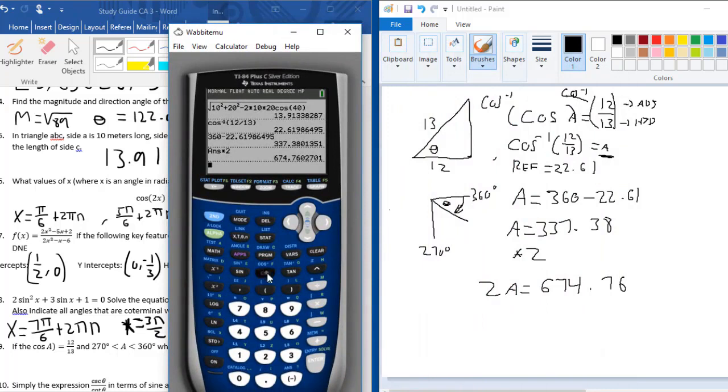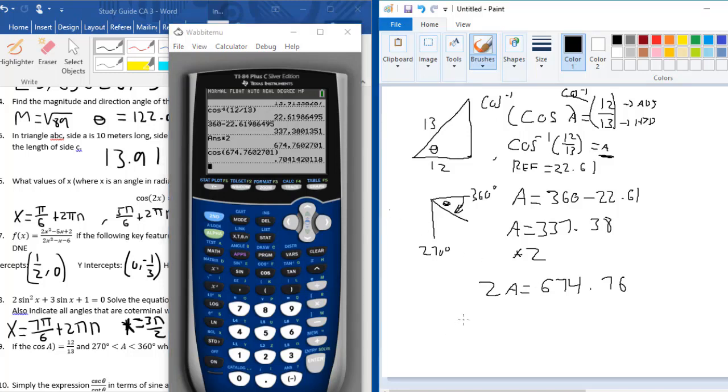So I find the cosine of 2A, which is 674.76, so just find the cosine of that. And the answer is 0.704. If your multiple choice is in radicalized form, just convert all your multiple choice answers, and whichever one would be equivalent to 0.704 would be the correct answer.